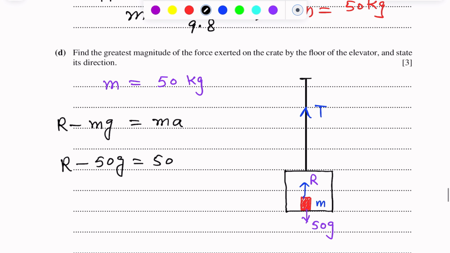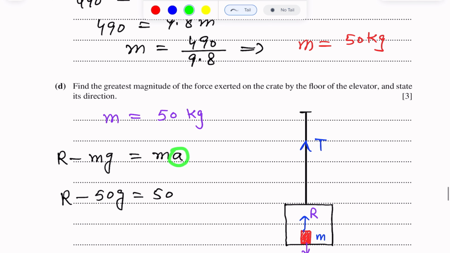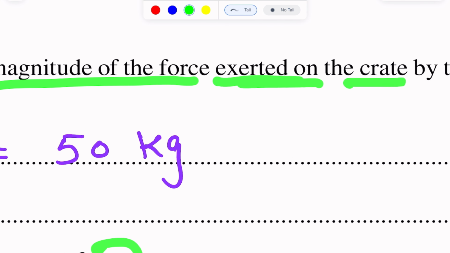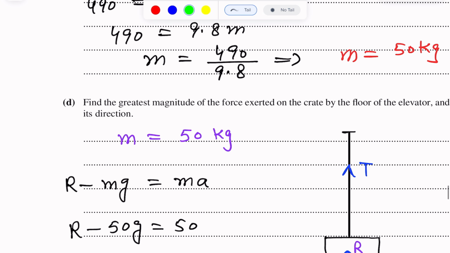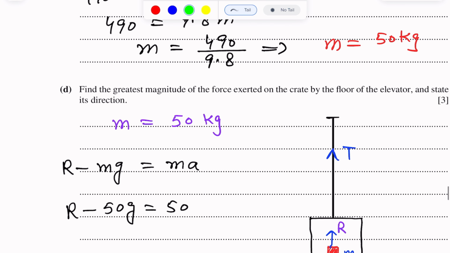But now we will decide if we are taking acceleration or deceleration, because we have to find the greatest magnitude of the force exerted on the crate. Maximum, greatest value of R we have to find. So we will take a as the acceleration, not deceleration, because if we take the deceleration, then R cannot take the greatest magnitude.